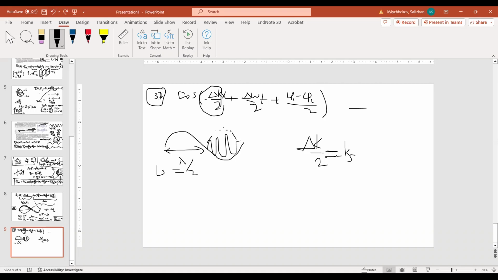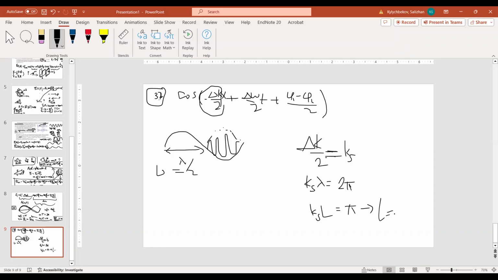Эми KS ушул болсо, ideally what? Ideally, KS times lambda should give you what? 2 pi, да? However, our L is half of the lambda. So it's KS times L should be what? Should give you half phase, not full phase, which is pi. Получается, L is what?